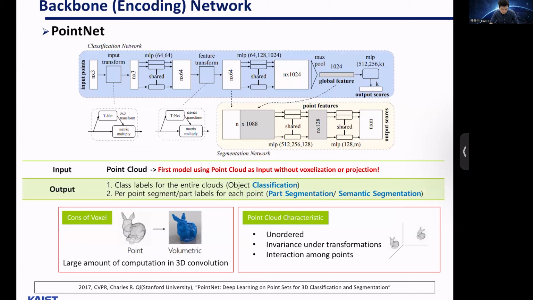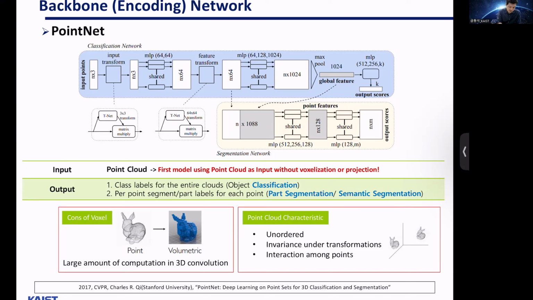So first of all, let's talk about the encoding network, the backbone. There are two types of encoder when it comes to LiDAR point cloud encoders.